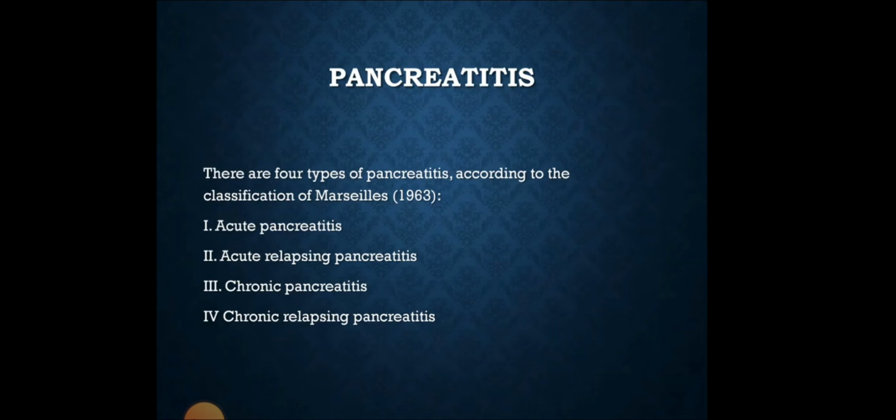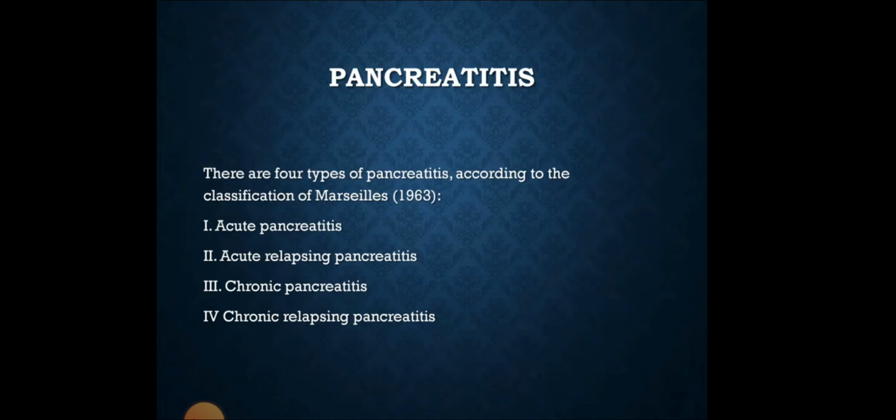According to Marseille's classification, pancreatitis is divided into 4 types: acute pancreatitis, acute relapsing pancreatitis, chronic relapsing pancreatitis, and chronic pancreatitis. Acute means acute inflammatory changes which are reversible, and chronic means chronic continuous inflammatory changes which are morphologically irreversible.